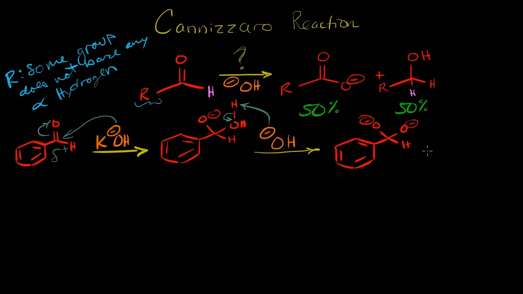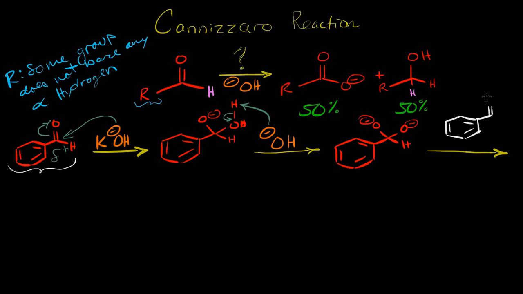Now from this point, we do an intermolecular hydride shift. That's kind of a weird thing to say all at once, but I will show you what I mean. We're going to grab another one of our starting molecules, because those are just floating around in solution. So I'm going to take our starting molecule, our benzaldehyde, and draw that above my arrow.